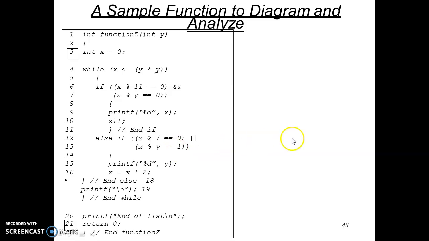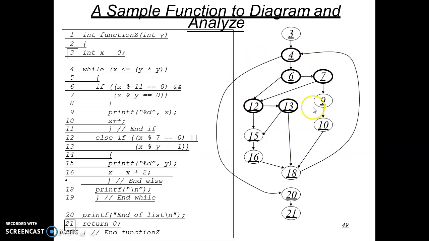Okay, so here we have a flow graph for the same. Right, so how many predicate nodes do we have? 1, 2, 3, 4 and 5. Total 5 predicate nodes are there. So the complexity is 5 plus 1, that is 6.